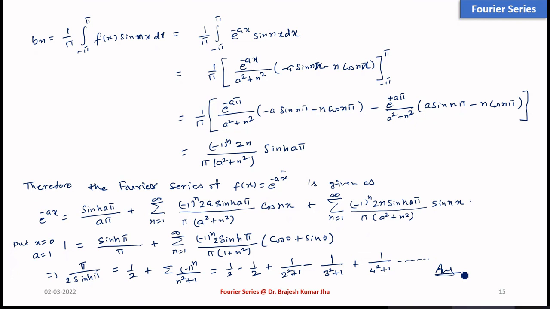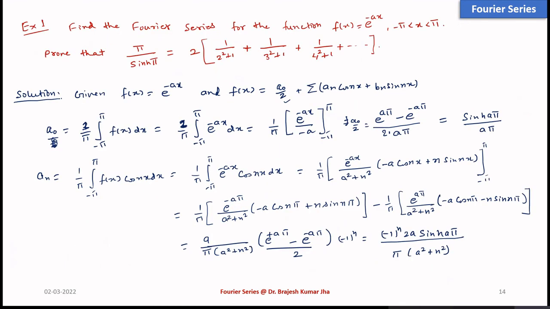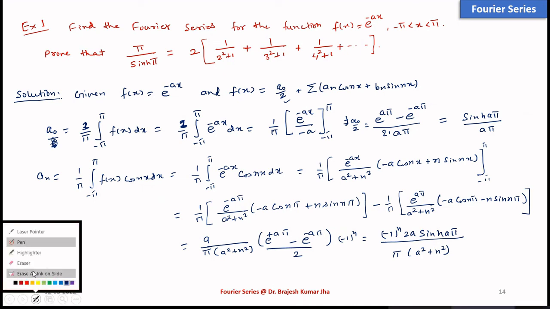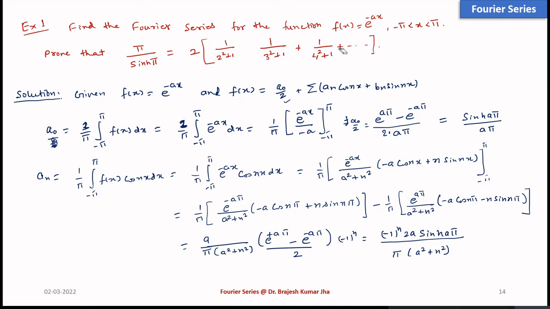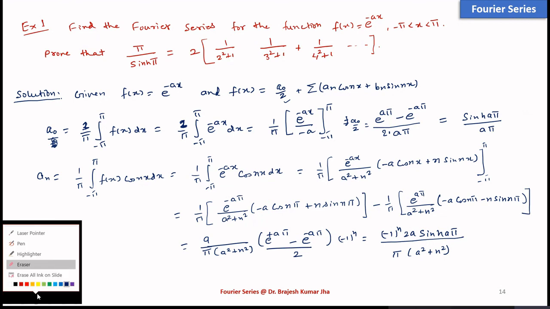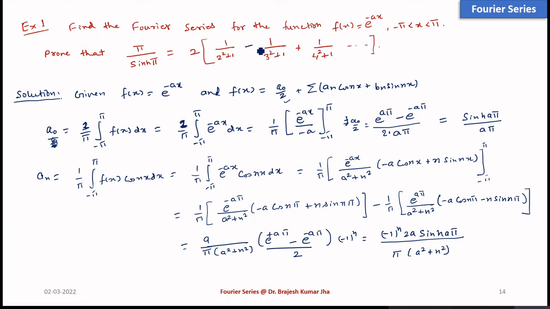Acha, sir. So in the question, we need to correct it here. The odd term should be the minus, right? Yes. The odd term should be the minus. So sometimes the question may be different. So here 2 we have taken, the 2 pi upon this one.